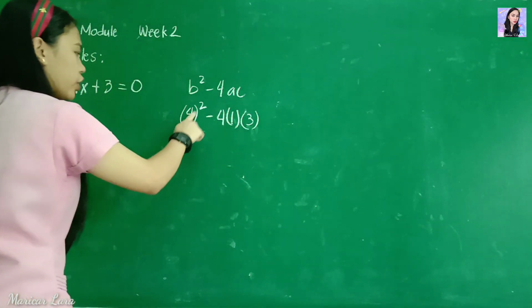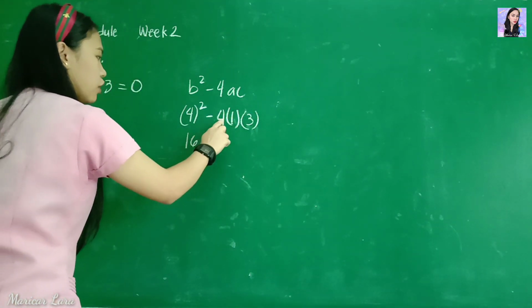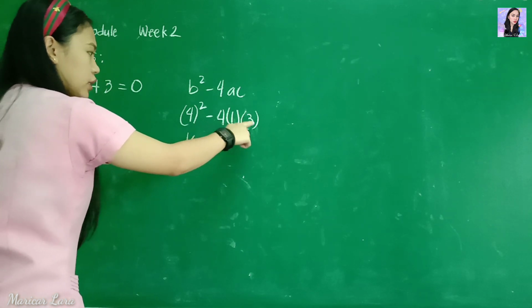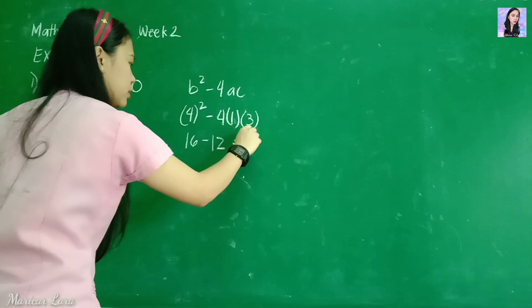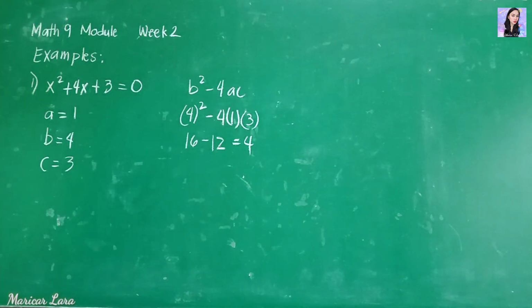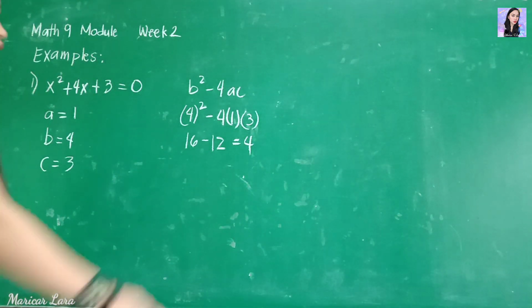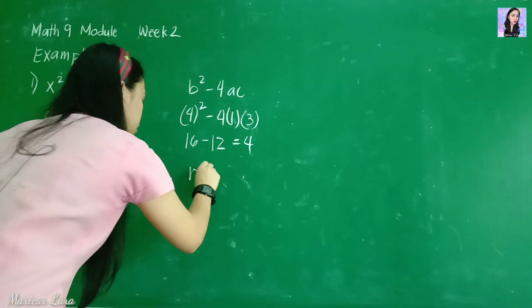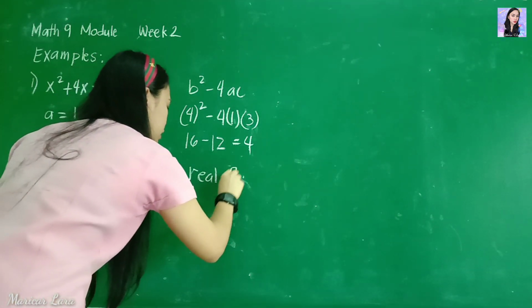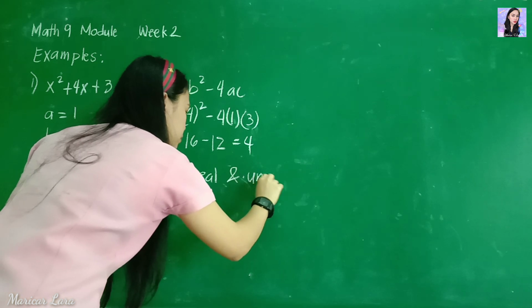And then, so, 4 squared, 16. 4 times 1, 4 times 3, 12. 16 minus 12 is 4. So, ang ating discriminant ay 4. It is greater than 0. So, kapag greater than 0, the roots are real and unequal.